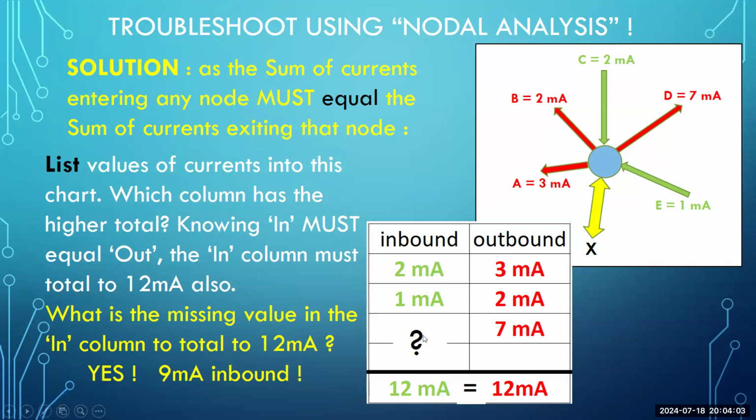So that missing current is going to be in which column? Inbound. So therefore, I would change this yellow arrow pointing inwards, and I would change the yellow arrow to green as a solution. And what value is the current on path X? The value must be the missing current of 9 milliamps.